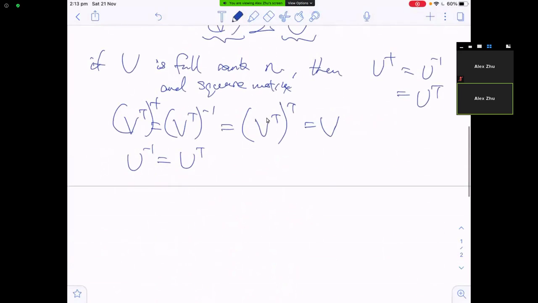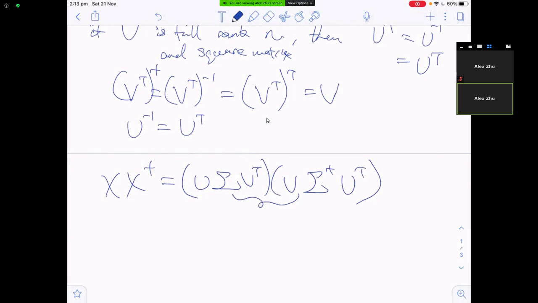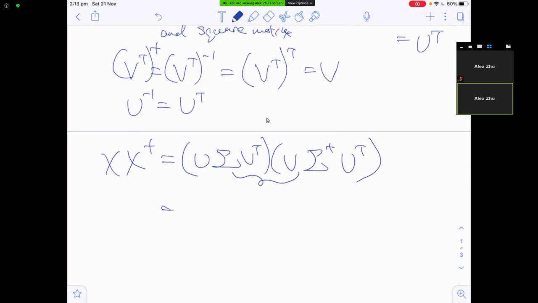So the whole thing becomes X X pseudo inverse equals U sigma V transpose times V sigma pseudo inverse U transpose. Notice you have V transpose times V in the middle, and whenever you see that, it just becomes identity, because they're orthogonal matrices. Then writing everything else, you get U times sigma times I_p times sigma plus times U transpose.